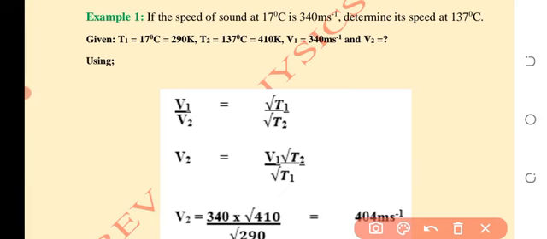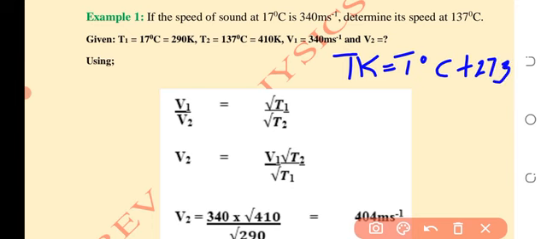Remember that temperature in Kelvin equals the degree Celsius value plus 273, and that is where our 290 is coming from. So also our second temperature given, 137 degrees Celsius, converted to Kelvin will give us 410 Kelvin.